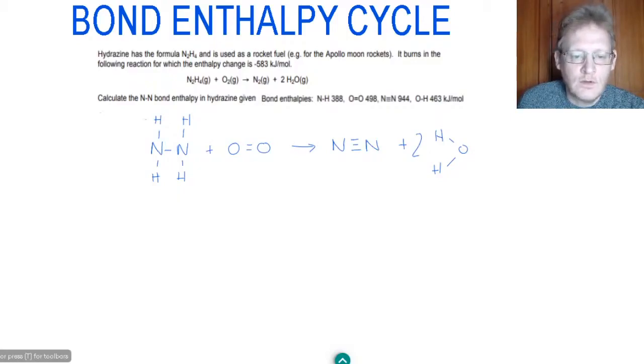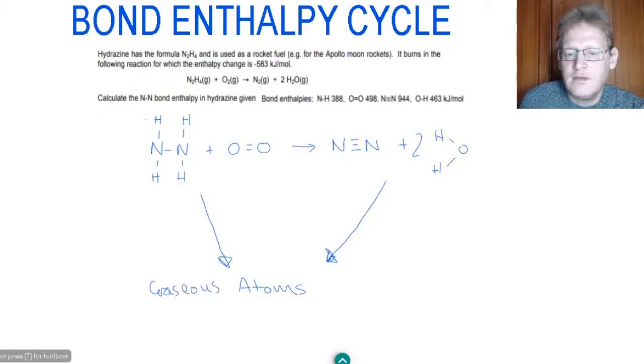So we can break the reactant bonds and we can break the product bonds and turn them into gaseous atoms. And then we just work out the energy required to break those bonds of the reactants and products.